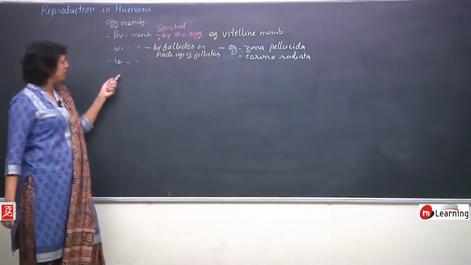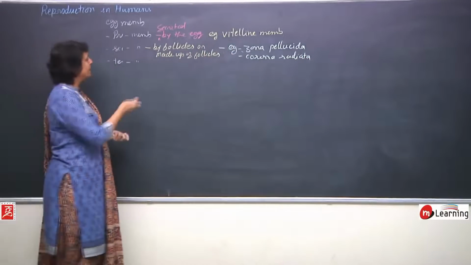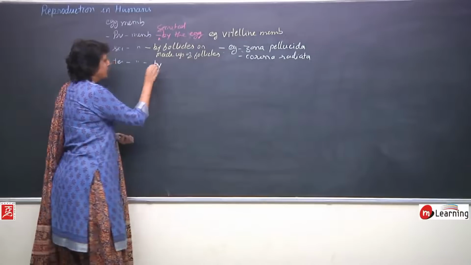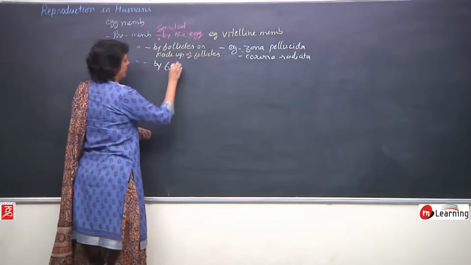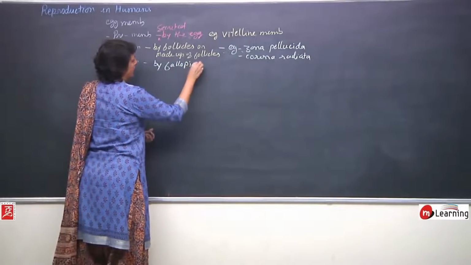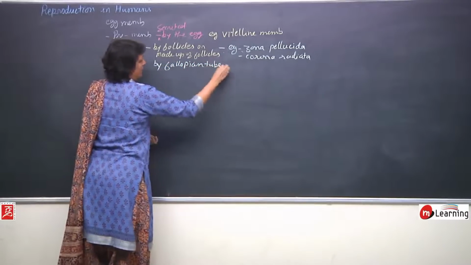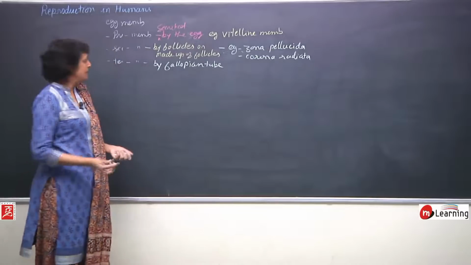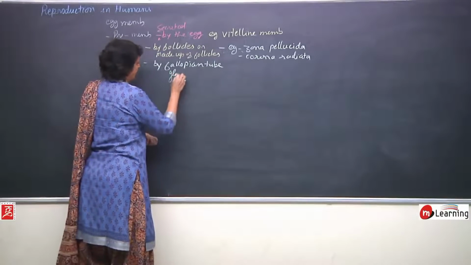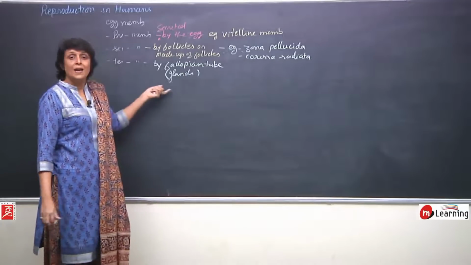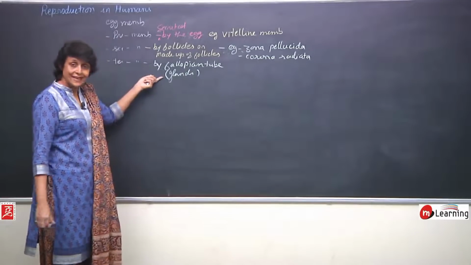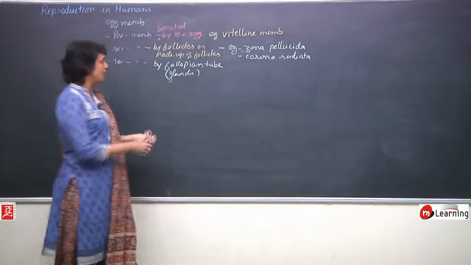And tertiary membranes are the ones which are secreted by the oviduct or fallopian tube, with the help of some glands. So there are glands which are present in the fallopian tube and the layer which they secrete are known as tertiary layers.